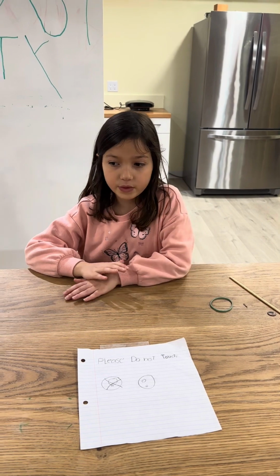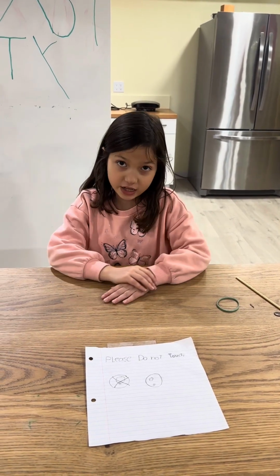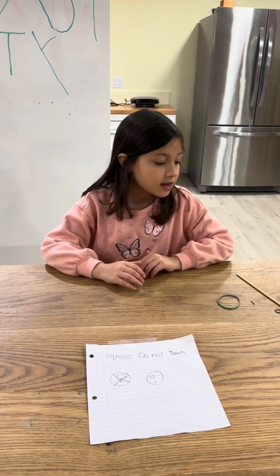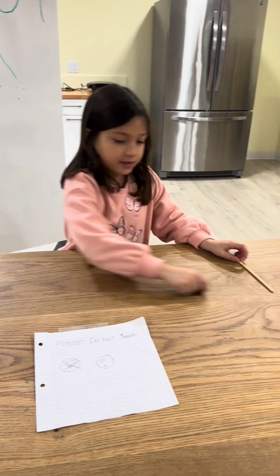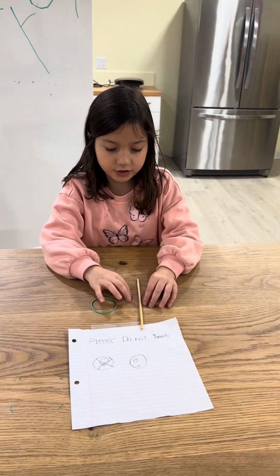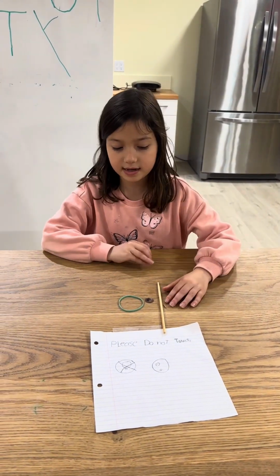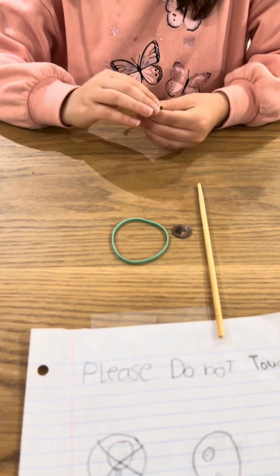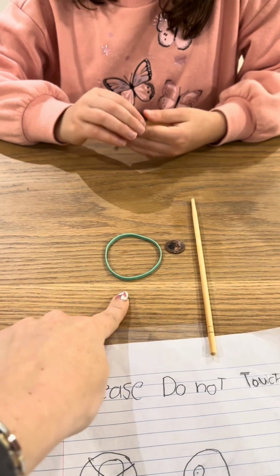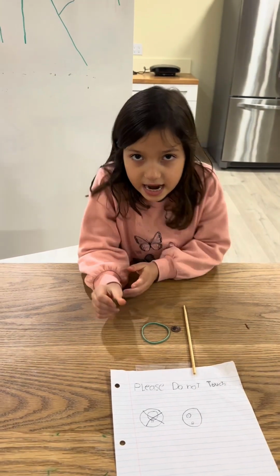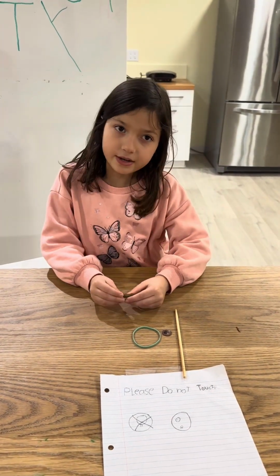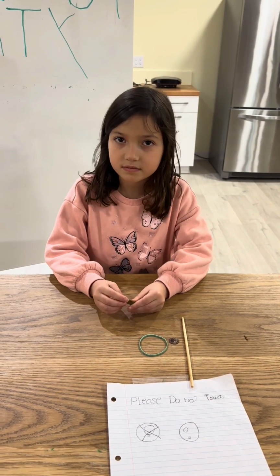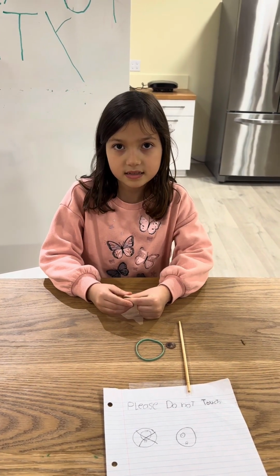Now, we have a quick challenge, if you'd like to accept it, where you have these three things, and you have to choose which one of these three things has elasticity. Okay, and now you have to explain what elasticity means.